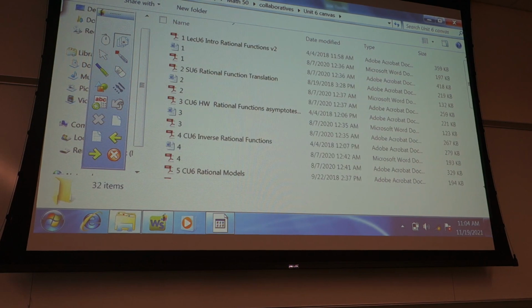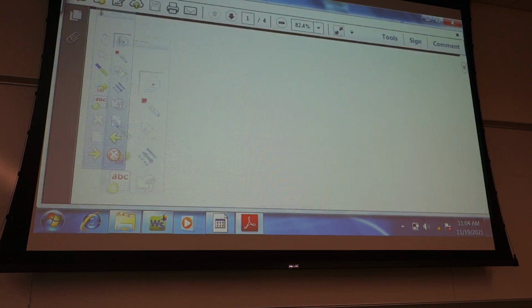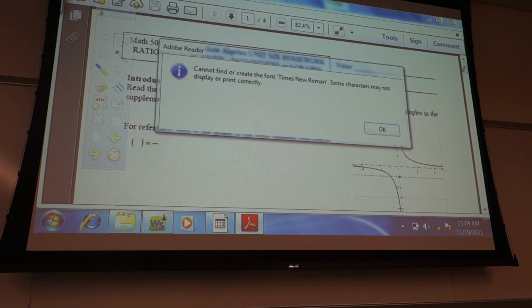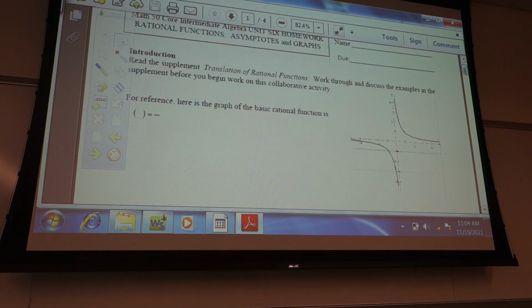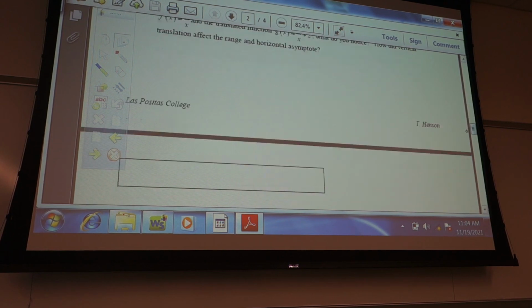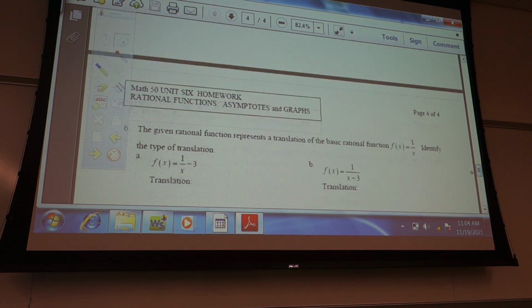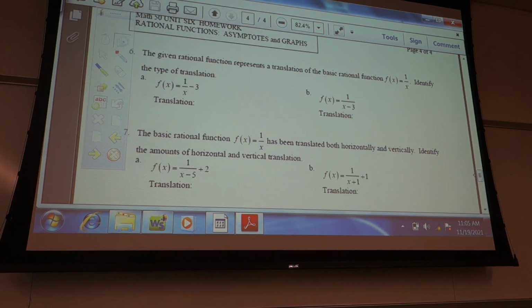Unit 6. I think we were finishing because mine's complete.